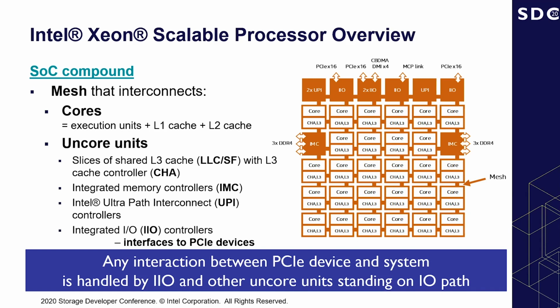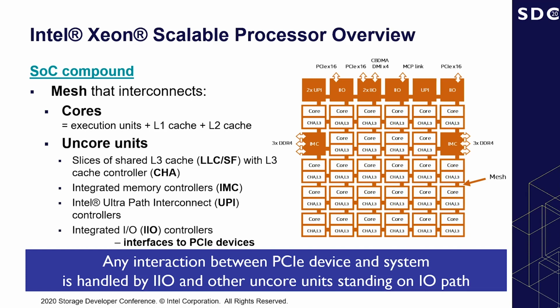And the key here is that any interaction between a PCI Express device and the SoC is handled by the IIO unit, and then can flow through other uncore units on that data path. We will go into that path later, but remember this picture, if you can: on the top there we have a PCI Express device connected to the system.